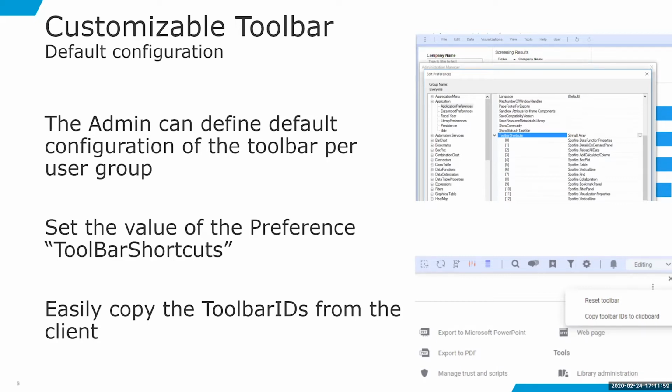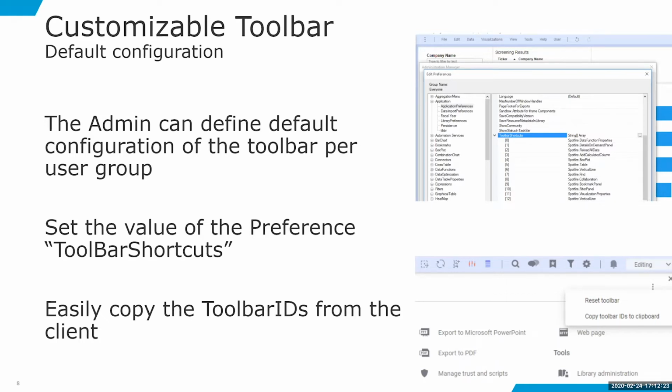So some users may have a certain toolbar configuration, other users may have others. Each individual user can then change the toolbar as I demoed initially, and they can change it to their liking. So this toolbar shortcuts preference is just setting the default.